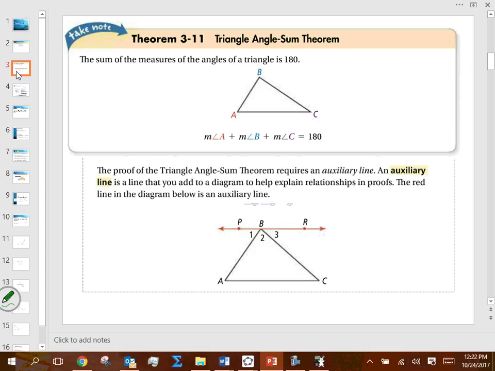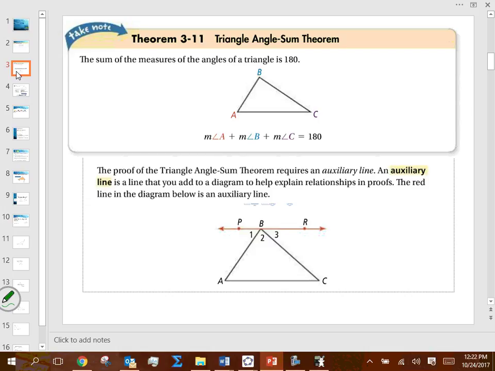And it basically says the three interior angles, the inside angles, add to 180. When I say the angles of a triangle, I'm referring to the ones on the inside, because there will be some on the outside that you don't see right now in those pictures that we will talk about. Okay? So when I say the angles of a triangle, they're the ones on the inside.